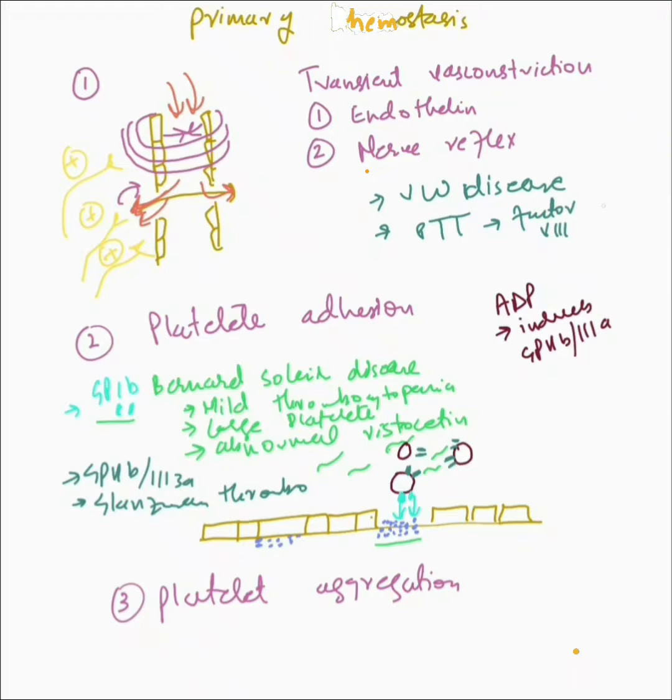One interesting thing about factor 8 is that it is produced by the endothelial cells. So endothelial cells have factor 8 synthesized in them, while most of the other factors are synthesized in the liver. That's interesting.